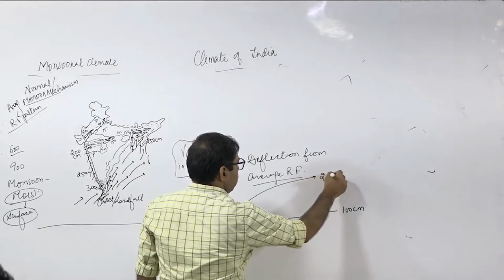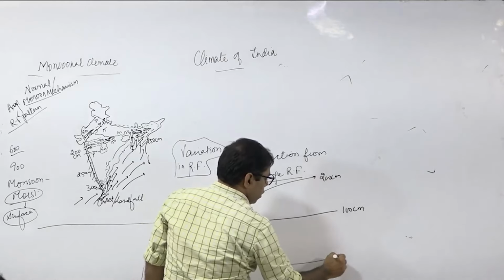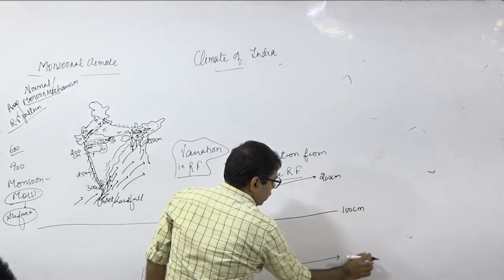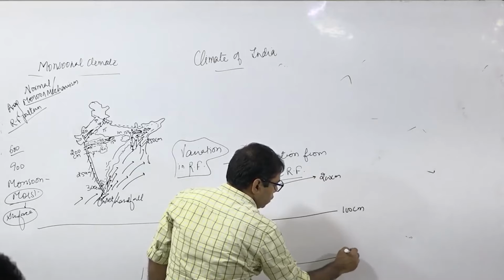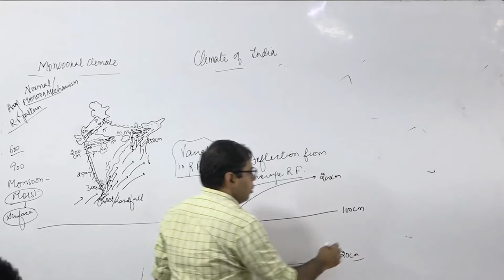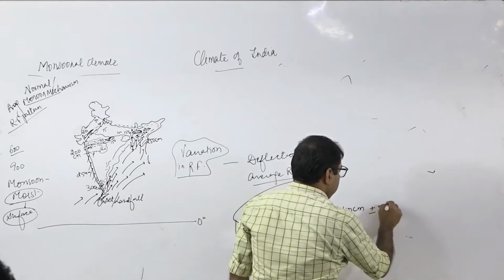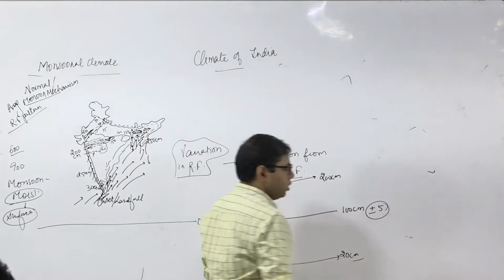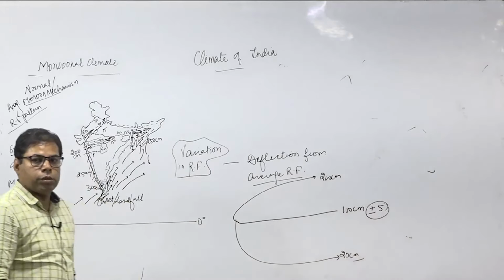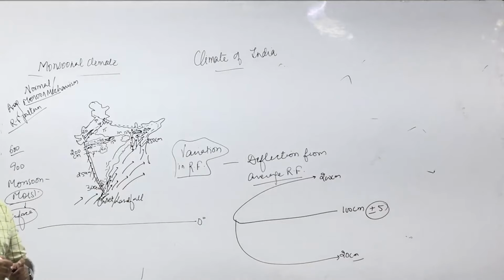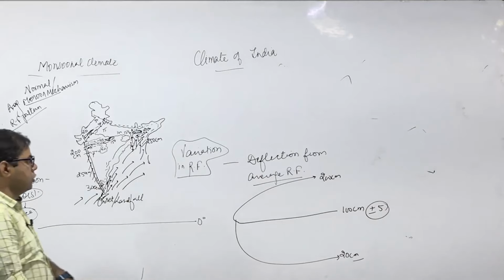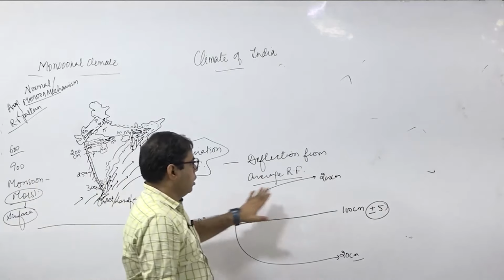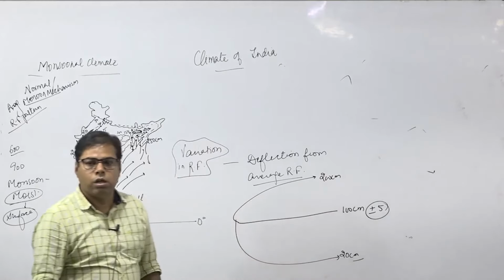Plus minus 5% is acceptable because of minor change, but major change is the variation, right.